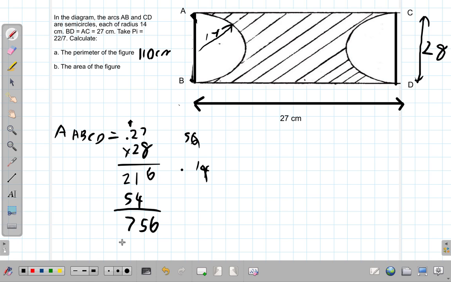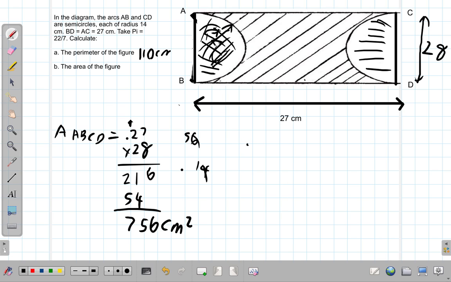So we have 756 centimeters squared for the whole thing. But then what we did was to cut out the semicircle from here, and we also cut out the semicircle from here. You see that?